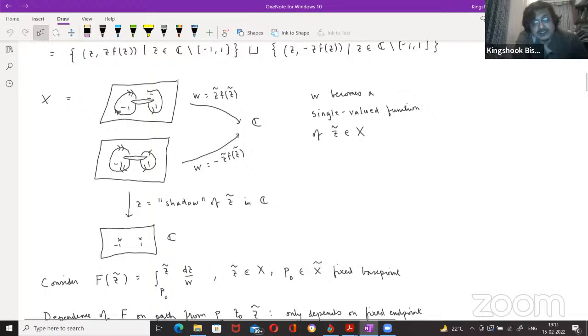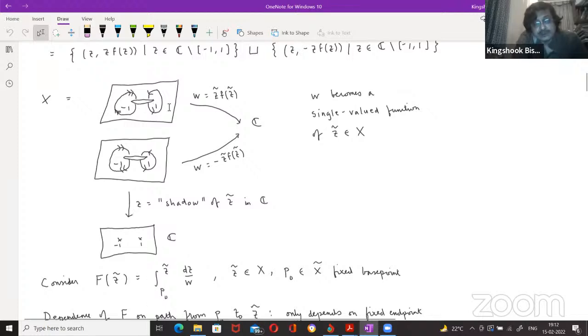Similarly, if I turn around twice around 1 here, I'll go from top sheet to bottom sheet and then back from bottom sheet to top sheet. I'll come back to where I started. Okay, so this is what this Riemann surface looks like. And you can imagine there's a natural projection from this two-sheeted Riemann surface to the complex plane. And the image of a point under this projection is the Z coordinate of a point in this algebraic curve.